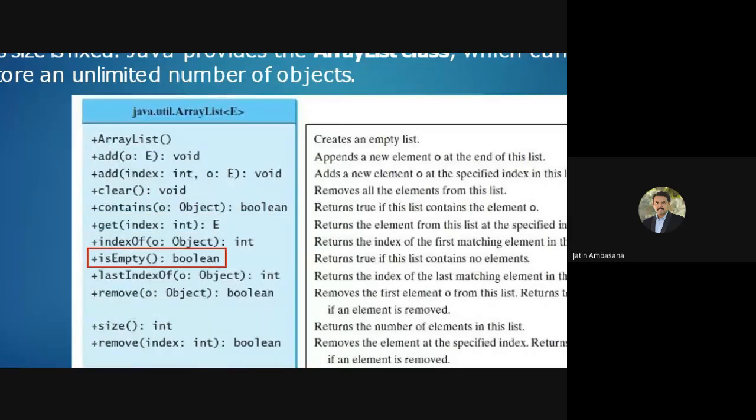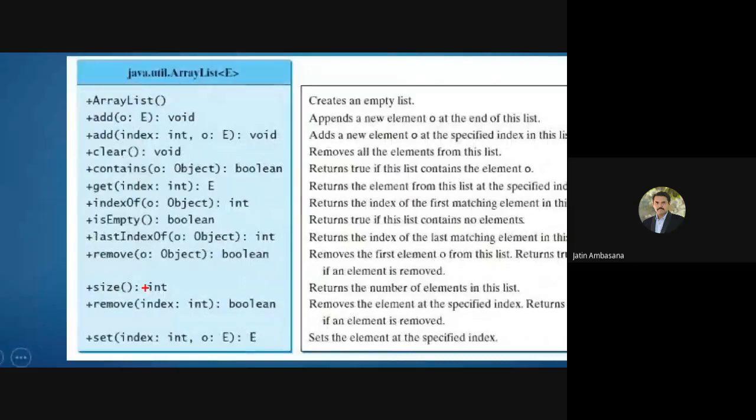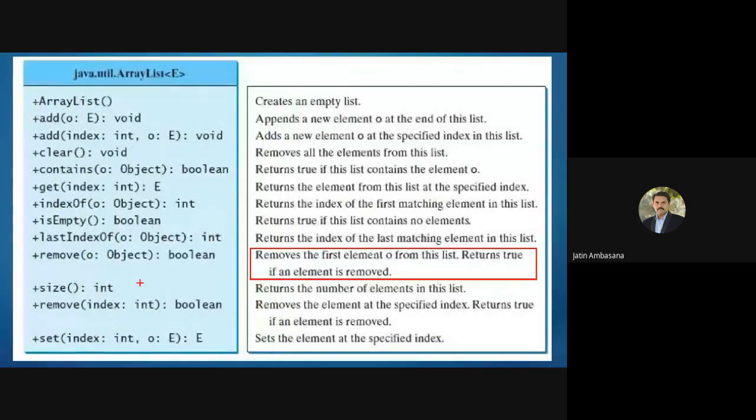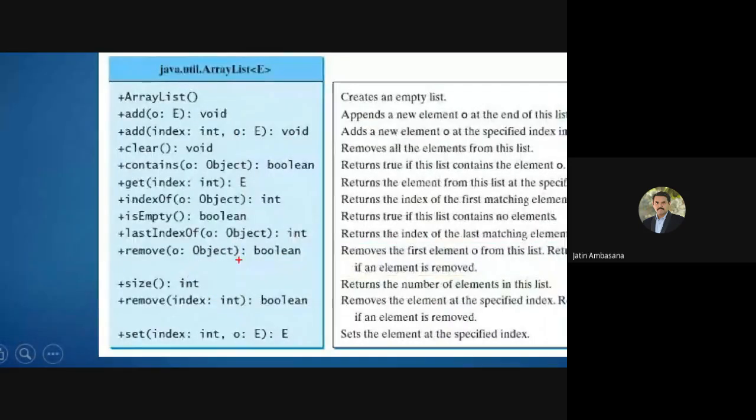Check whether the array list is empty or not. Check the last index of a particular object. Remove a particular object: this removes the first occurrence from the list, and it also returns true if the element is removed. Those returning boolean do some operation and also check it. For example, contains checks whether the array list contains a particular object or not. isEmpty checks whether the array list itself is empty.